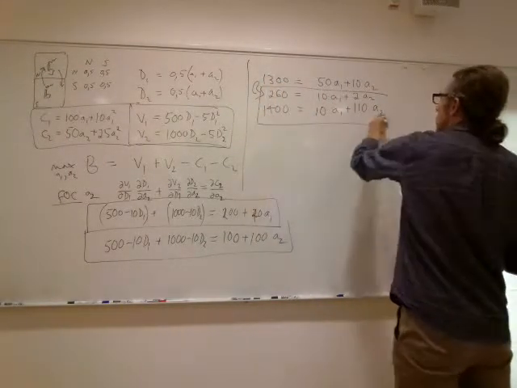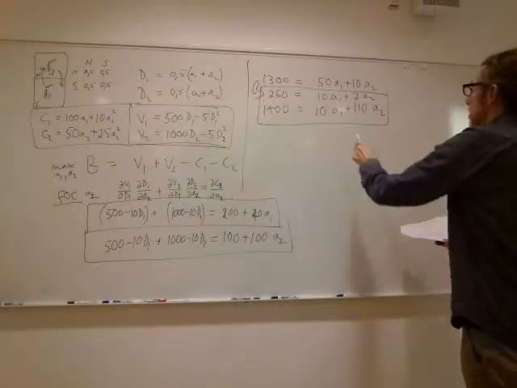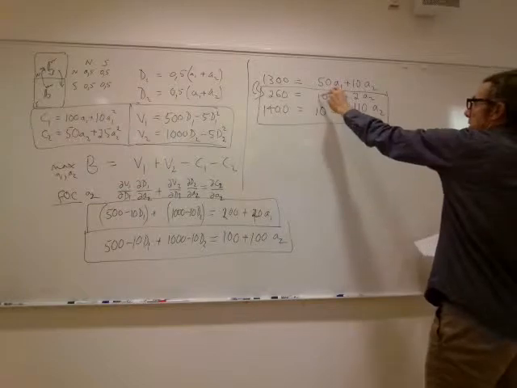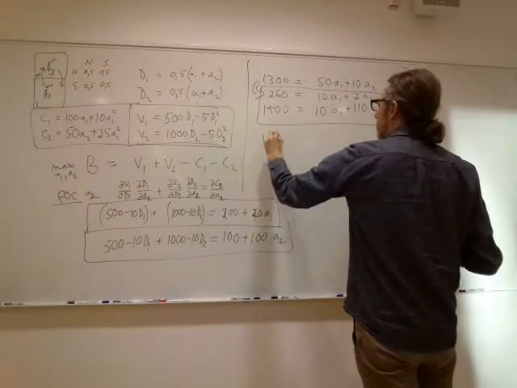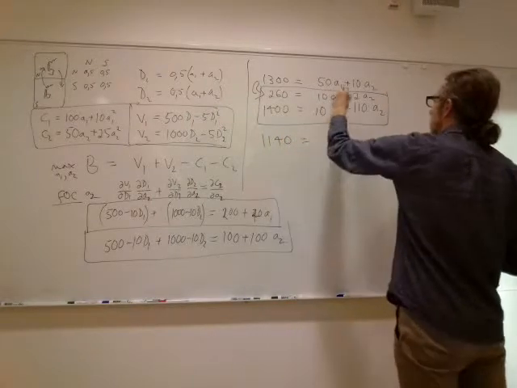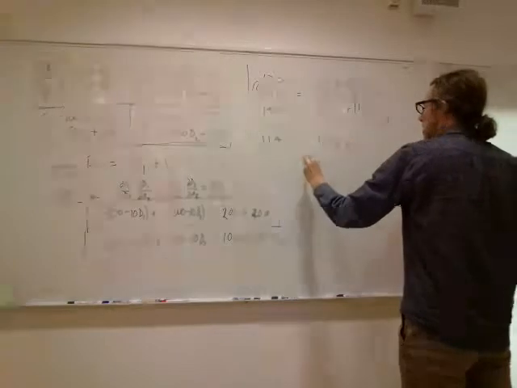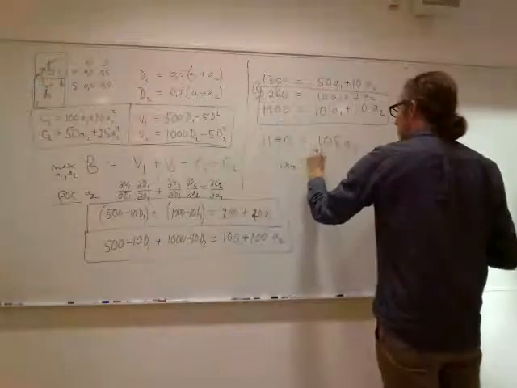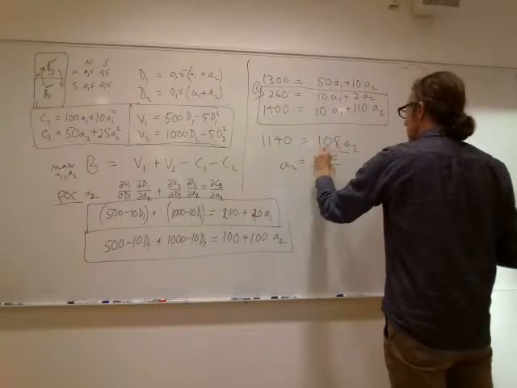So we've got those two equations. Now we can subtract the top one from the bottom one, and we get 1,140, I believe that A1 goes away, is 108 A2. A2 is 1140 over 108.